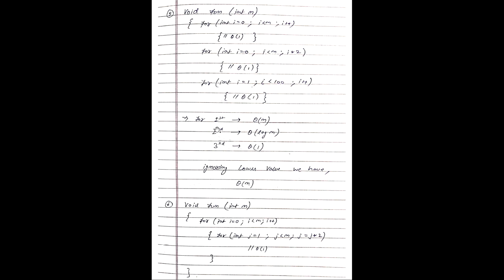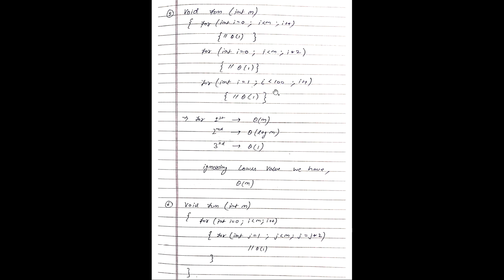For the first part, the time complexity would be theta n because it is running from 0 to n. The second part would be log n because it is running from 0 to n, but increasing itself by multiplication by 2. That means the work done by the second part is half as compared to the first. And the third runs for a constant period of time.